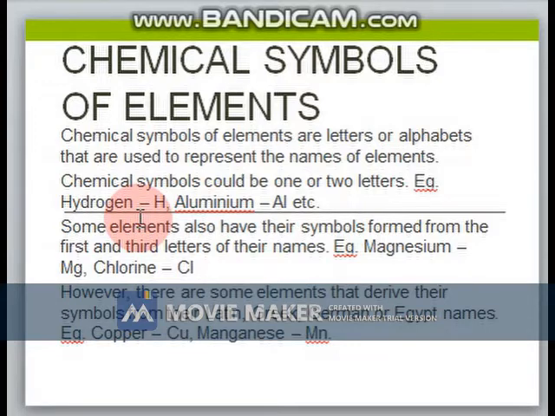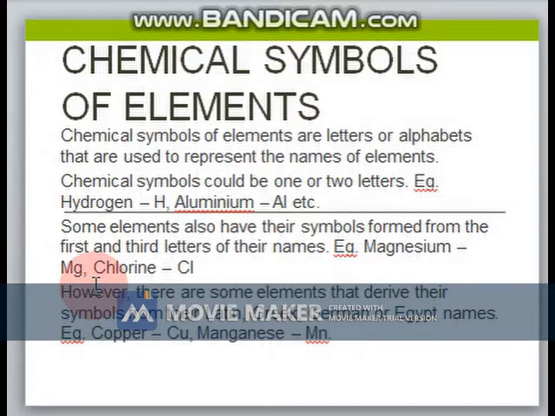Now, some elements also have their symbols formed from the first and third letters of their names. When you have magnesium, the first letter is M, the third letter is G, so it has Mg. Chlorine, the first letter is C, the third letter is L, so it has the symbol Cl.